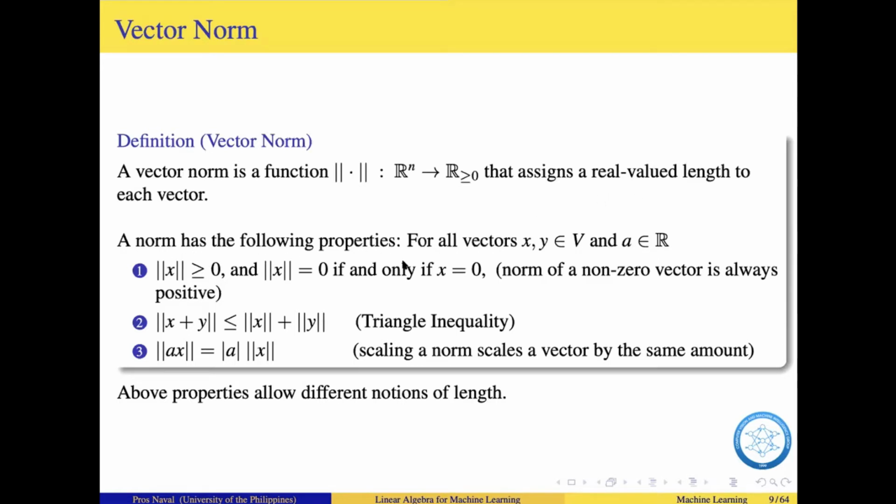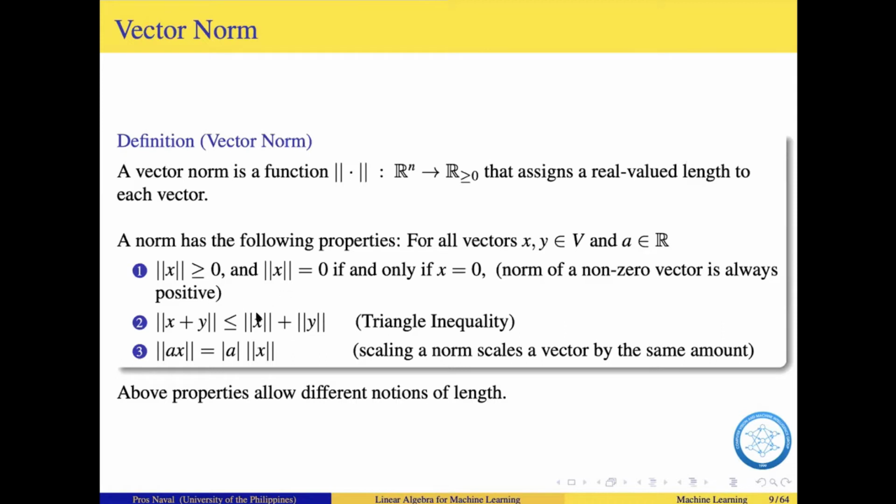A norm has the following properties. For all vectors x and y in the vector space V, and for any real number a, the norm of any vector x is non-negative, and the norm is 0 if and only if x is 0. In other words, the only way for the norm to be 0 is the case when x is 0. So the norm of a non-zero vector is always positive.